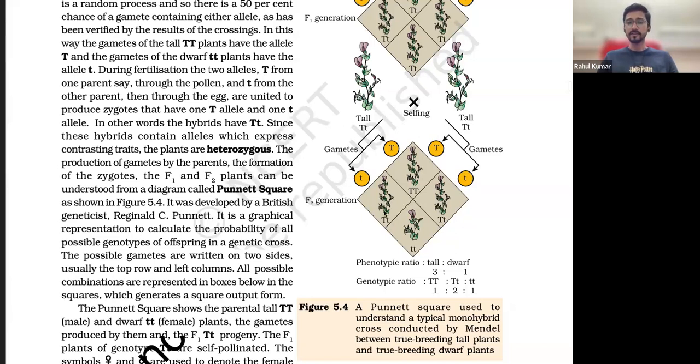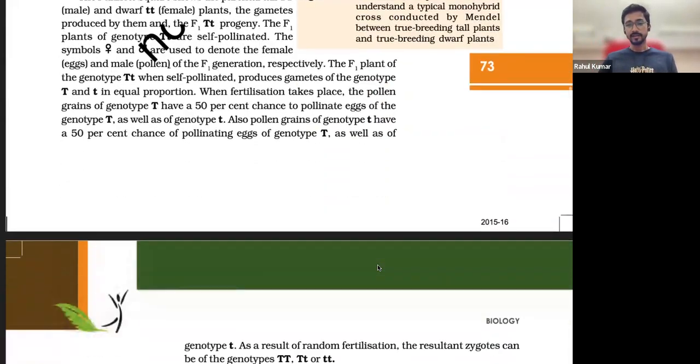You self them, you get 3 tall, 1 dwarf. Now, what percentage of the tall progenies will be heterozygotes? So it will be 66%, approximately 66.6666. Is it clear, everyone? Does it make sense? Yes, sir. So always read the question carefully. That's all there was in the question.